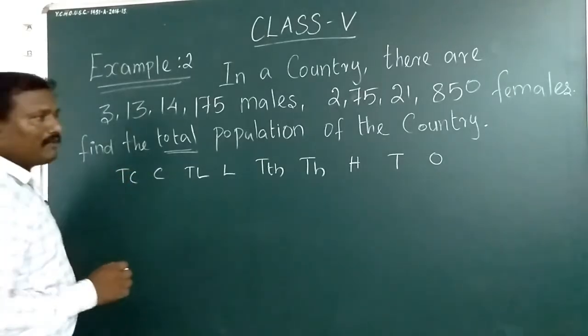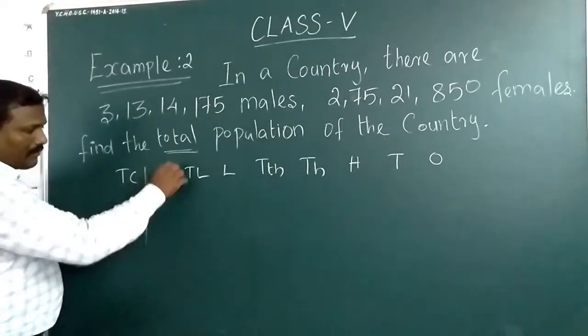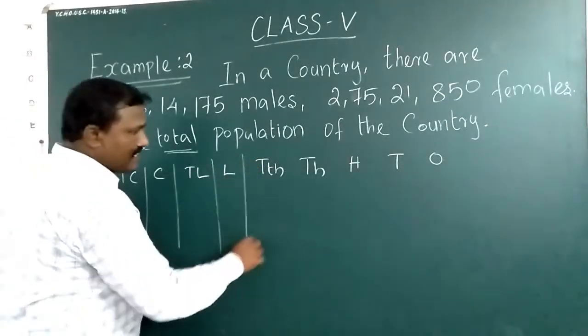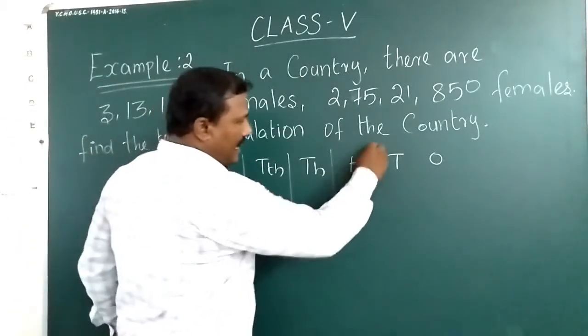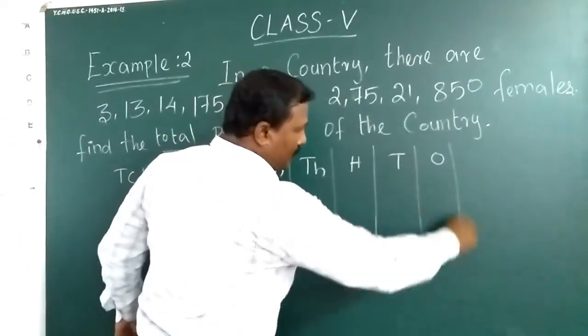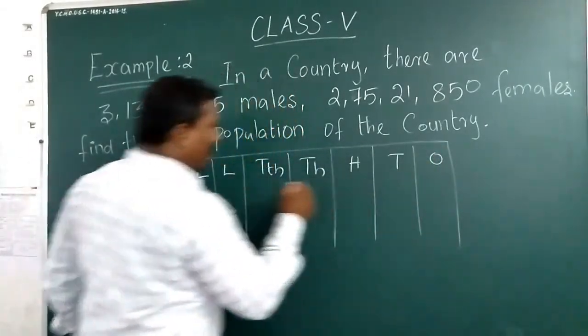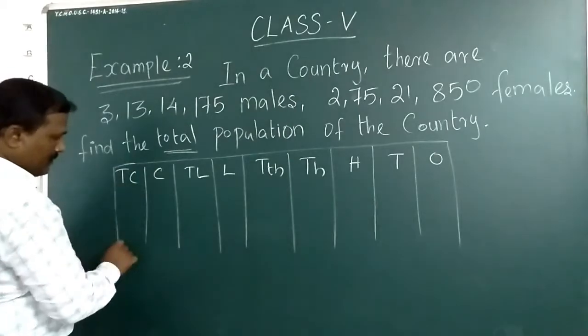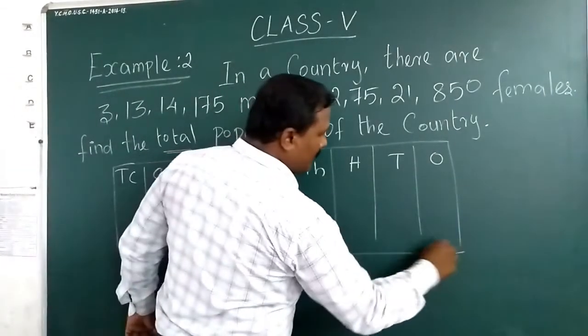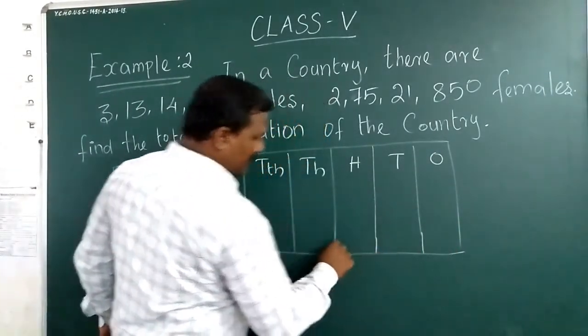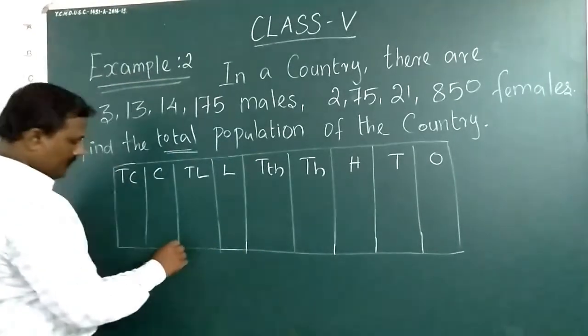This is the Indian place value table. I place the given addends into this table. After that I add the two numbers and find the sum.